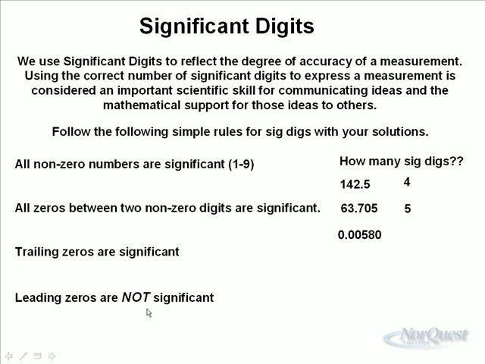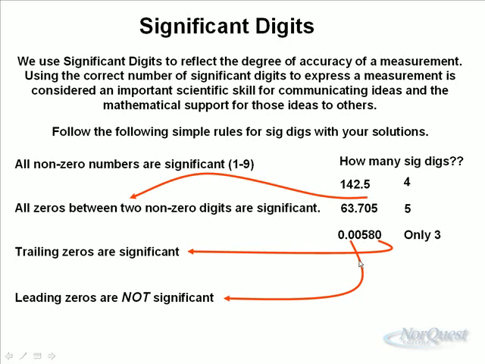Leading zeros, it says, are not significant. These 3 zeros out in the front of the 5, they are considered leading zeros. Really what they're doing is just moving the decimal place, and they can be considered not significant. And so this number, even though there are 6 digits, only 3 of them are considered significant. All right? And so that's the deal with significant digits.